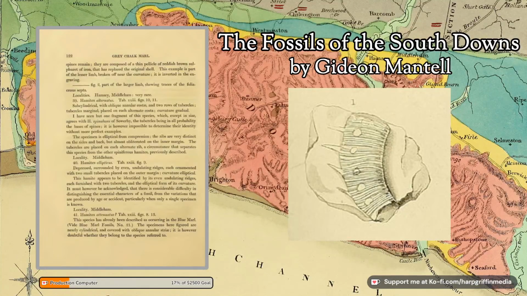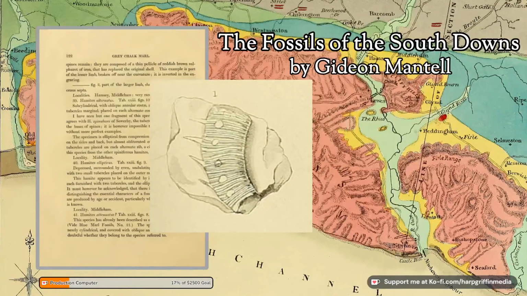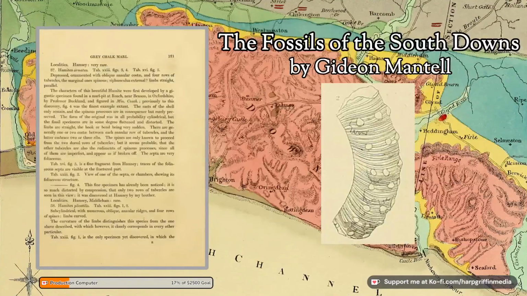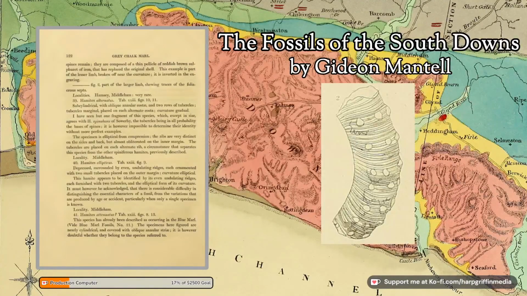It is inverted in the engraving. Tablet 23, Figure 2, part of the larger limb, showing traces of the foliaceous septa. Localities: Hamsey, Middleham. Very rare.